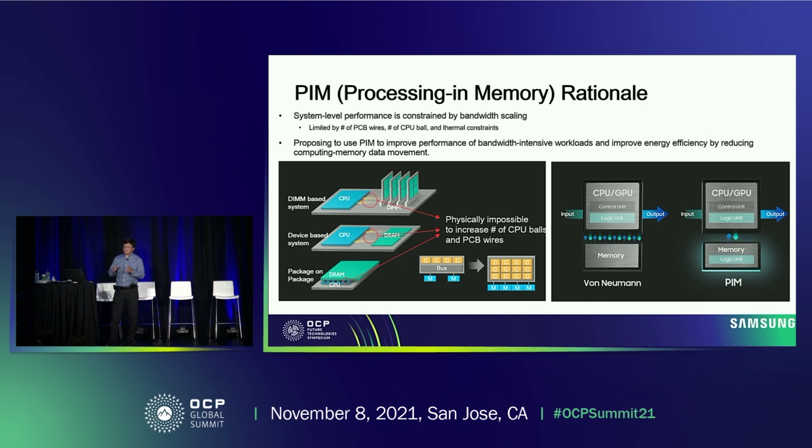The way we've historically tried to get around this bandwidth constraint is to make wider buses faster and just get more bandwidth, right? And we're coming to the end of that. It's getting physically more and more challenging to put more balls on these packages, put more wires between the compute and the memory element, and there are thermal limitations for the data movement.